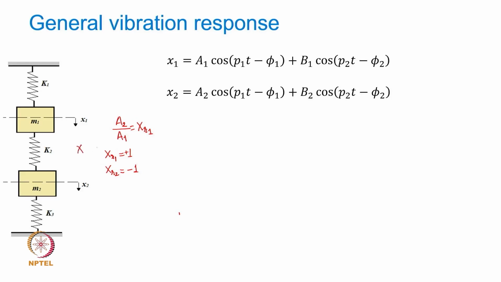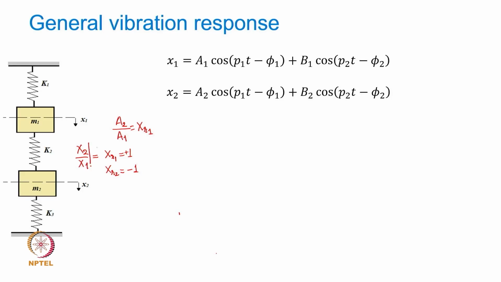which represent the amplitude of the second mass relative to the amplitude of the first mass, that is xr1 and xr2 for the second mode, will obviously be different for different configurations. That means, depending upon the values of K1, K2, K3, M1 and M2, these ratios will be determined by the relative values of all the system parameters like the stiffness and mass values.